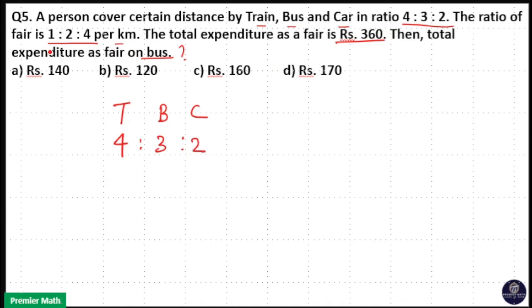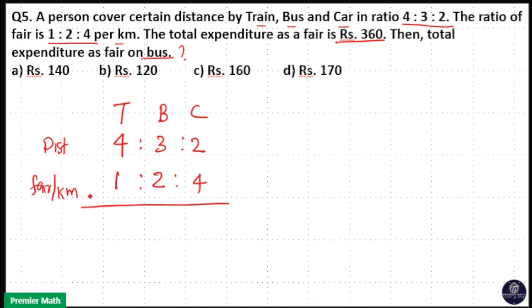And the ratio of fare per kilometer in train, bus and car is 1:2:4. So this is distance and this is fare per kilometer, that is price per kilometer.